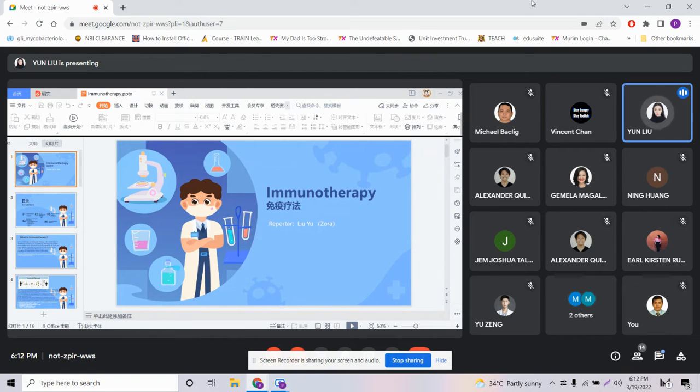Hello everyone, I'm Laura. I will present the topic about immunotherapy. Okay, next page. Let's look at the content. The first one is immunomodulators. Second one is activation immunotherapies. The third one is immune enhancement therapy. The next one is suppression immunotherapies. The last one is hematologic therapies. Okay, next page. Let's look at the definition of immunotherapy.